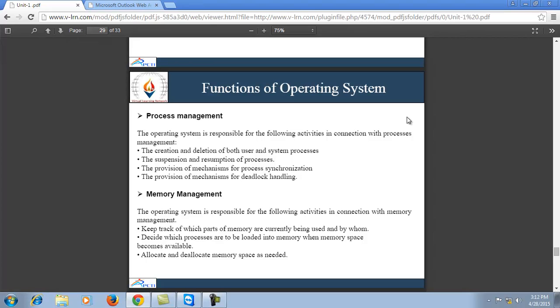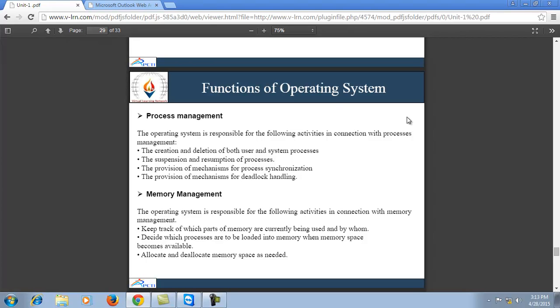When these 4 conditions occur simultaneously, existing at the same time, then we can say deadlock has occurred. Deadlock means hanging of processes, not responding to any task or any command. That is a deadlock. And the conditions of deadlock are: first, hold and wait.